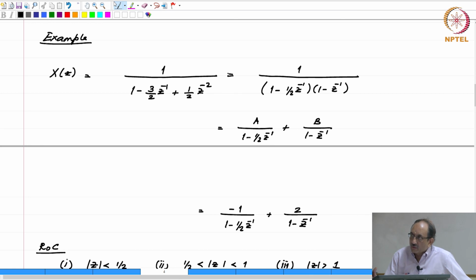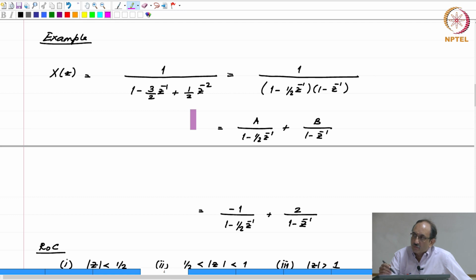Therefore, what is the consequence of that? Here, if you express this in powers of z, the numerator will be z squared, right? So, it is not in proper form, right?